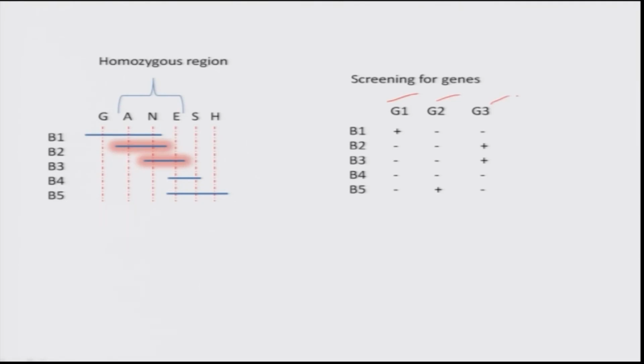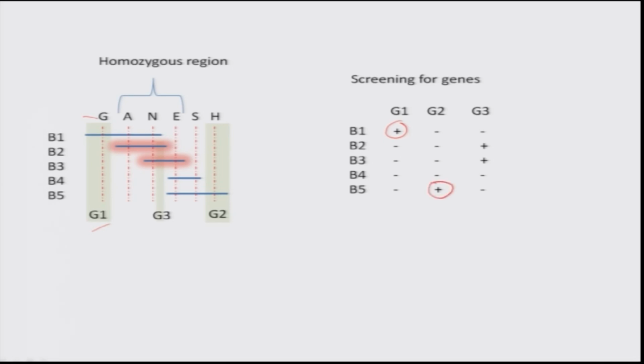What did I do? I screened each gene to see whether it is located on BAC B1 or B2 or B3, B4, B5, and likewise, a particular gene may be amplified in 2 different BACs. We have to use this information to locate the gene back on the contig, and that is what you see here. G1 amplified only in B1, that means it is present in a region not shared by any other BACs.